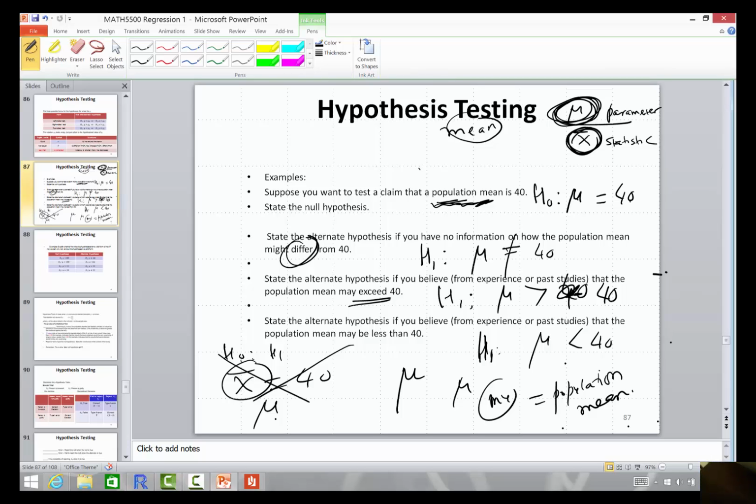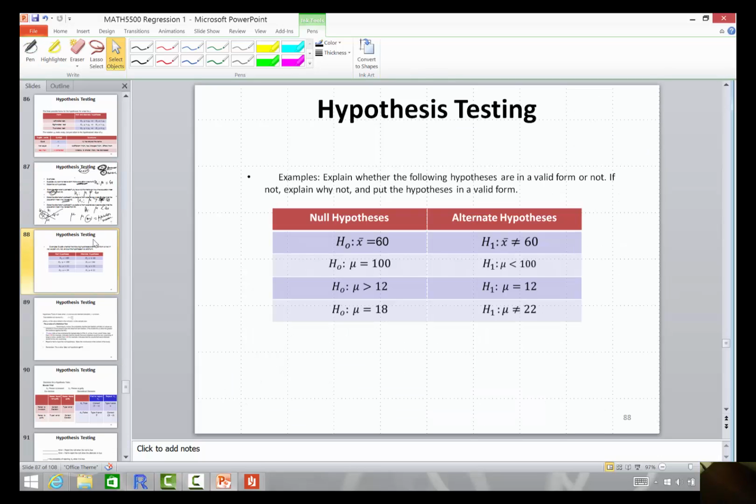So for the null hypothesis and the alternate hypothesis, I'm asking a very basic question here. There are 4 examples. You pause the video now. Please pause the video right now and answer these 4 questions where there are mistakes. Explain whether the following hypotheses are in valid form or not.